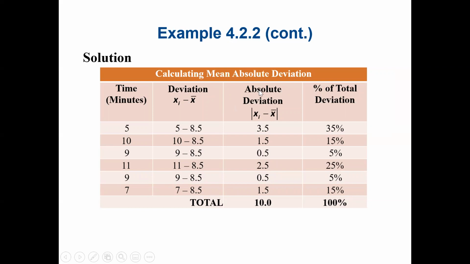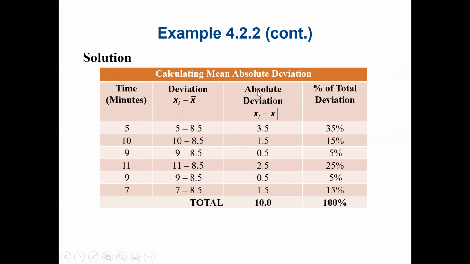Then we find the absolute deviation. Now the absolute deviation, that's why we call it absolute. Absolute value means the answer will always be positive. So the absolute deviation of 5 minus 8.5 will be 3.5. We know 5 minus 8.5 will give us minus 3.5 because 8.5 is greater than 5.